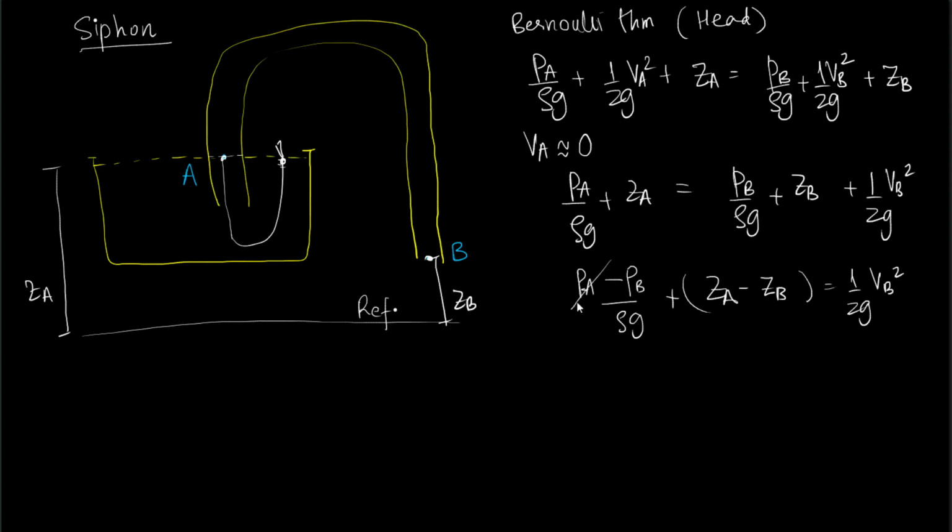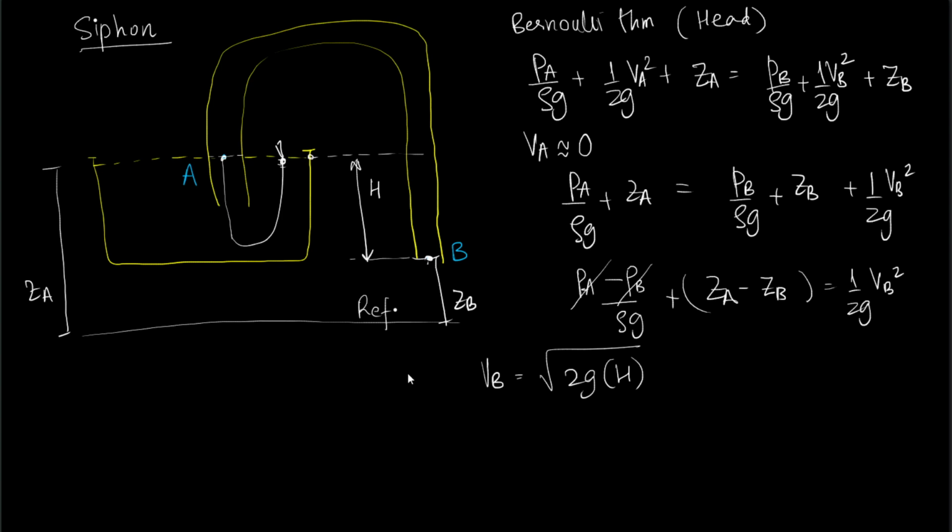So in that case, PA is equal to PB, this entire term vanishes, and therefore VB becomes square root of 2g times ZA minus ZB, which is essentially the difference in height between the free surface of the water and the discharge point of the tube. Let me call this distance as h. So it becomes square root of 2gh.